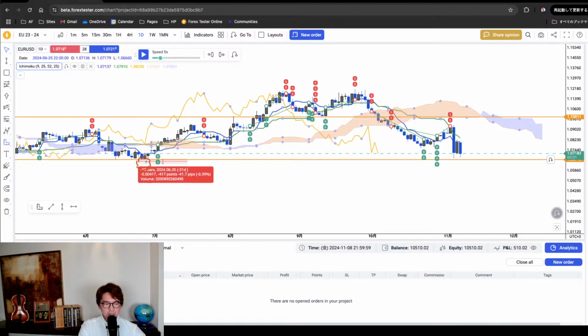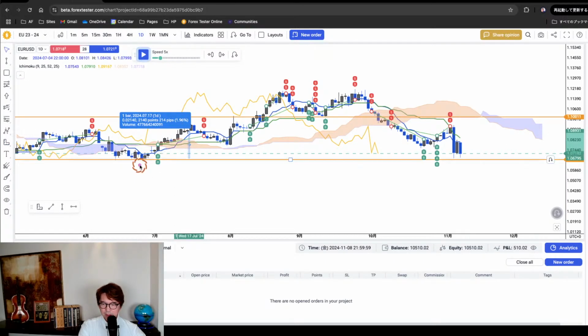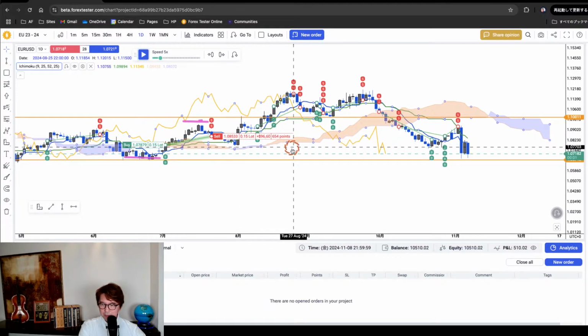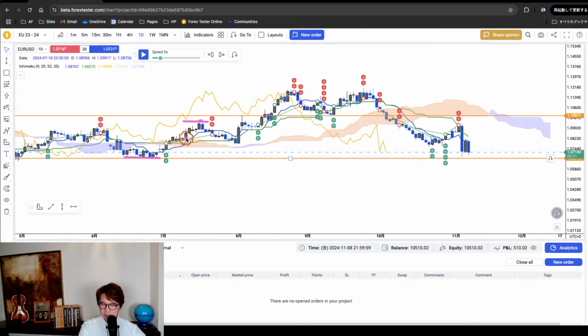So between here and here was 260. That was let's say 270. Yeah, so here to here was 270 pips. Let me just quickly explain what I see here. 270 pips.